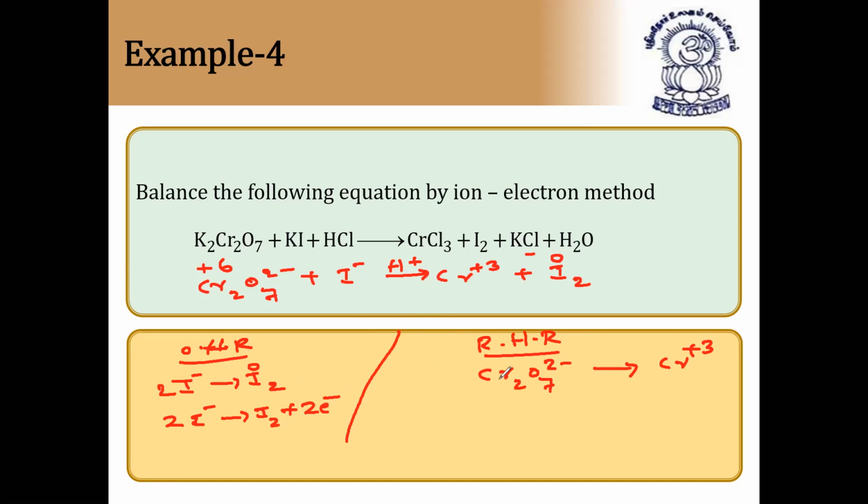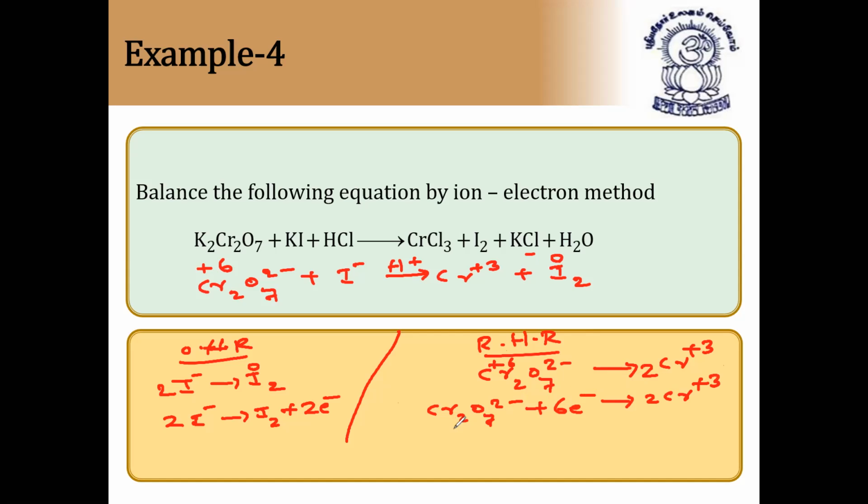Similarly, we'll write for reduction. So Cr2O7 2 minus. So first we'll write 2 here. It should gain how many electrons? 6 electrons. So first we'll write Cr2O7 2 minus gains 6 electrons to form 2 Cr plus 3. How many Cr plus 3? 2 Cr plus 3.